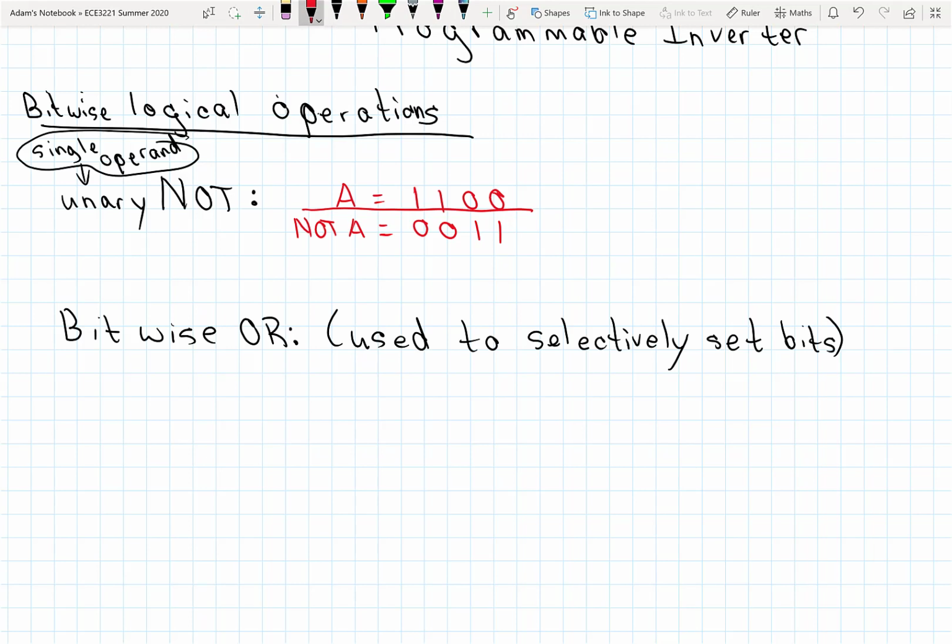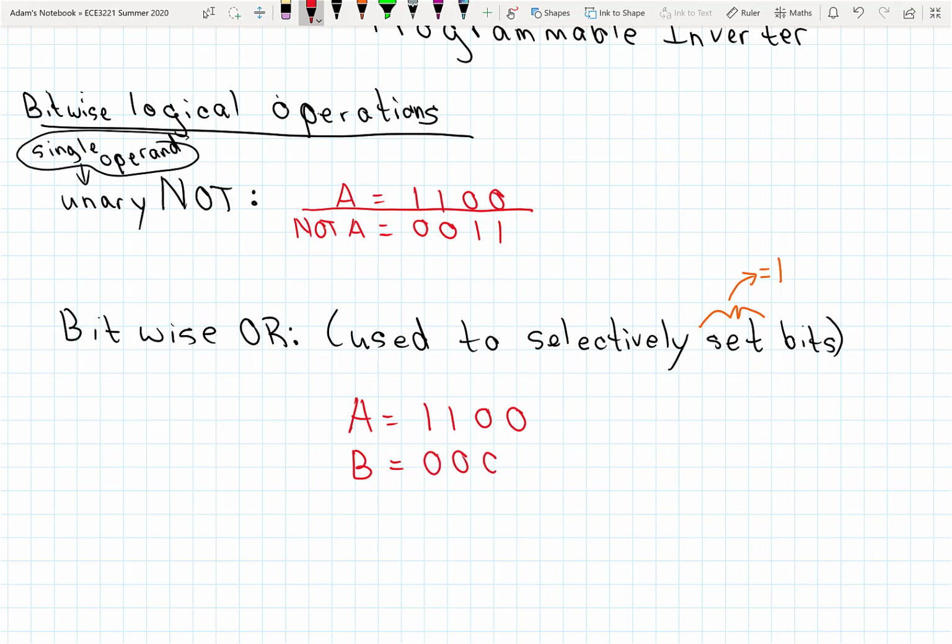And when we talk about setting bits, this means making them equal to 1. Okay, so let's take that same initial value of A, which was 1100, and then let's use a value of B that's going to selectively set the least significant bit, the farthest bit to the right.